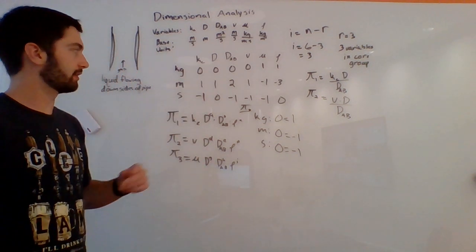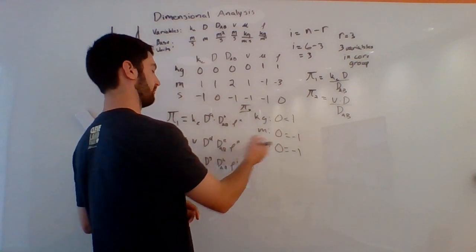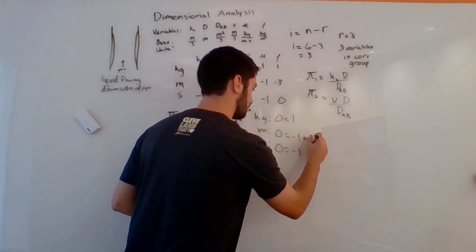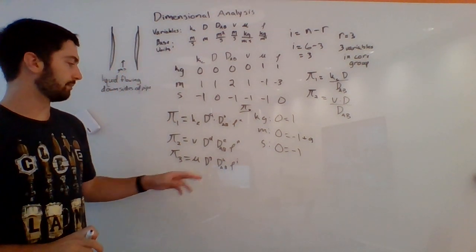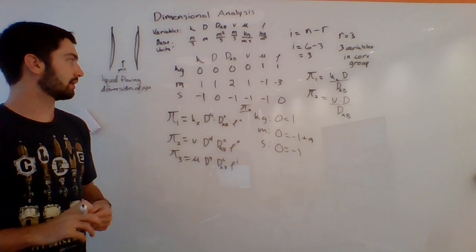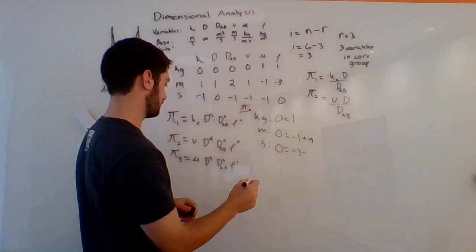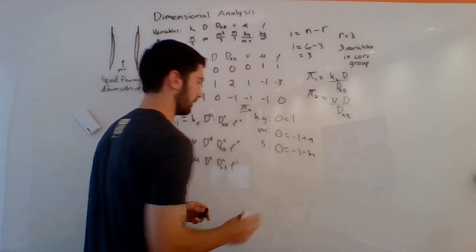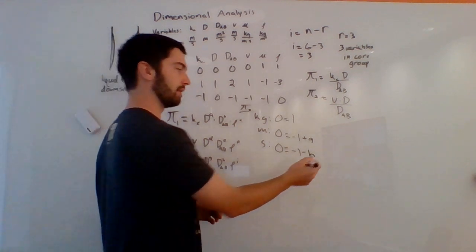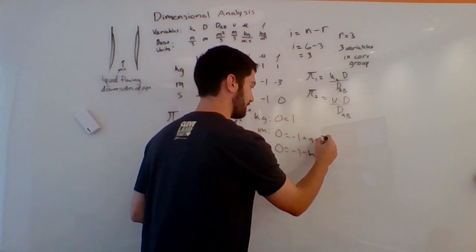And now we're going to look at the exponents. Again, pipe diameter is just meters, so we have plus g. Mass diffusivity is meters squared per second, so we have minus h in our seconds equation and plus 2h in our meters equation.